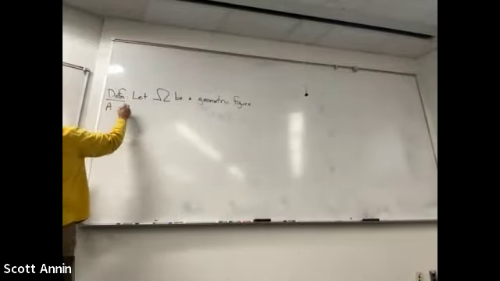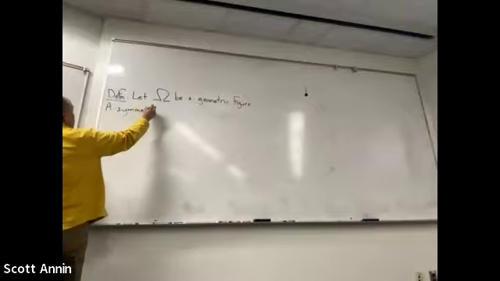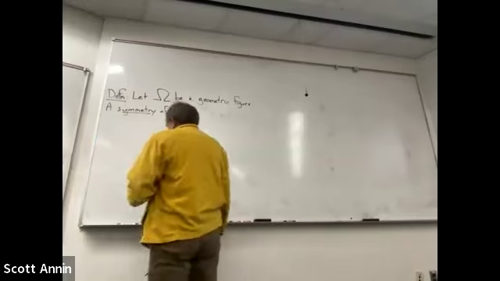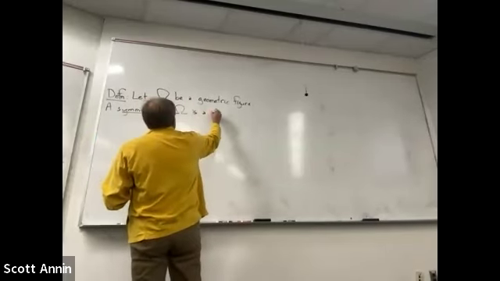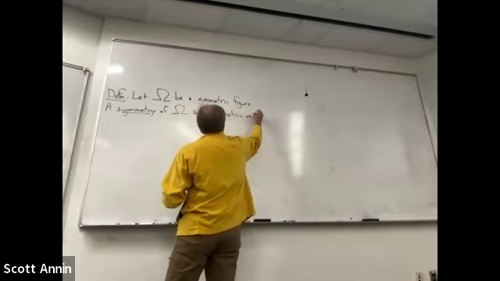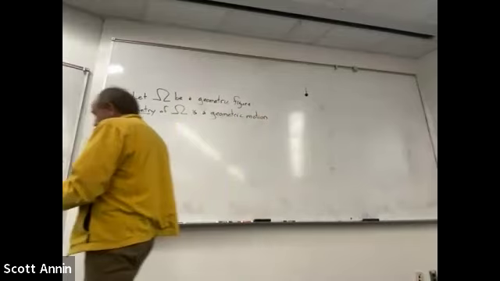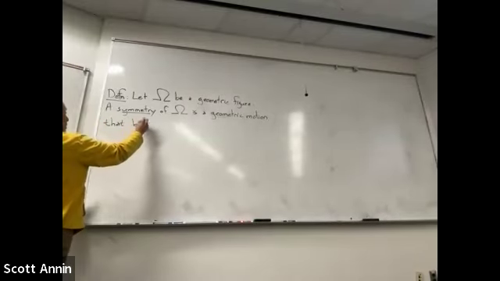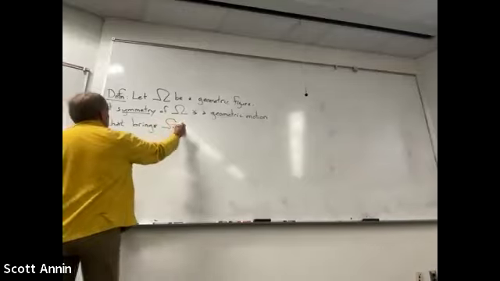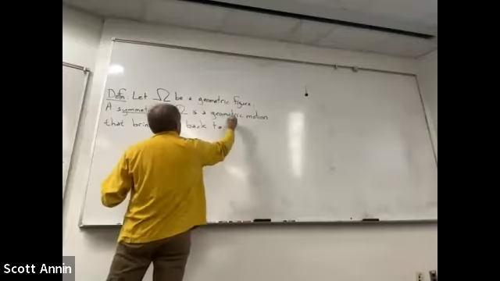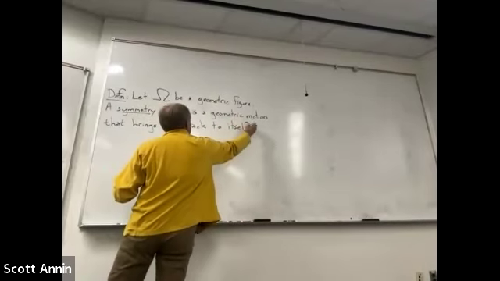So a symmetry, I'm going to make the definition here, a symmetry of omega is a geometric motion that brings omega back to itself.